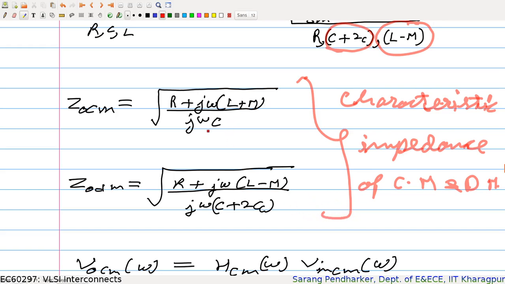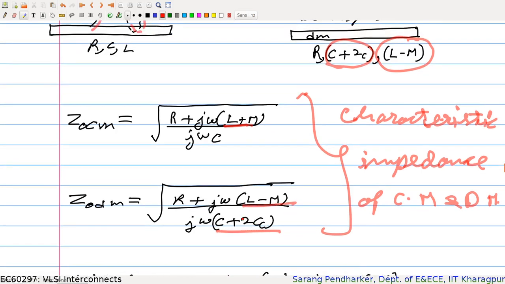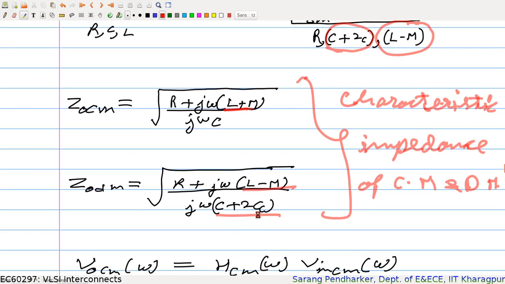The only difference is that now with inductance, you replace this by L plus M. Capacitance remains C. In the second case, you have L minus M and C plus 2 Cc. And then all the analysis which we did for a single RLC interconnect would hold true for these individual interconnects. Once you solve the equations, you can then transform back.